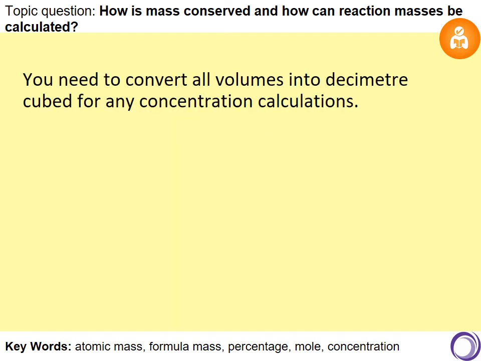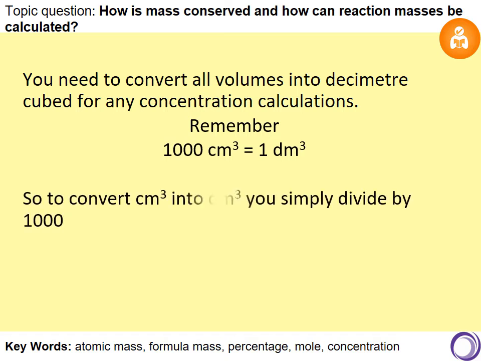We need to remember that all volumes need to be converted to decimetres cubed for concentration calculations, and in 1 decimetre cubed there are 1,000 centimetres cubed. So to convert from centimetres cubed to decimetres cubed, you must divide by 1,000. For example, 750 centimetres cubed is 750 divided by 1,000, which would be 0.75 decimetres cubed.